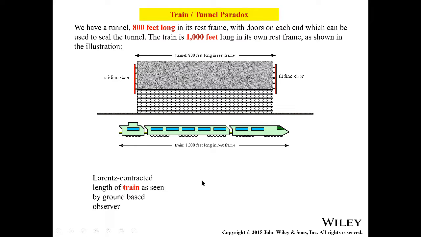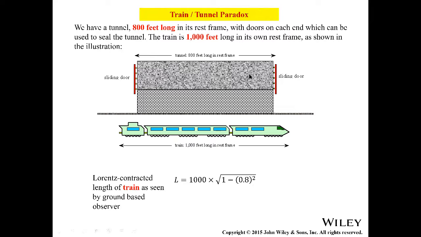Then according to the formula, and here we will call on the formula: what is your proper length? That's 1,000. And you now multiply by the contraction factor, the square root of 1 minus v over c, whole thing squared.